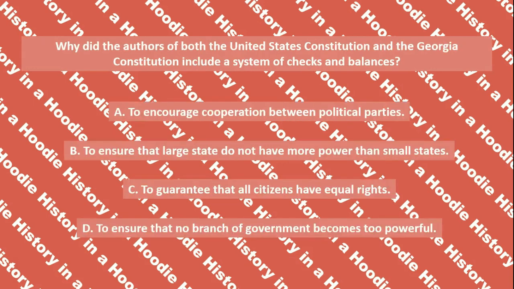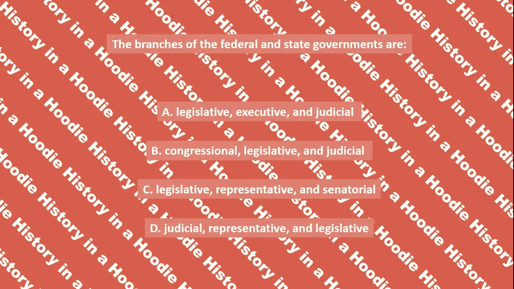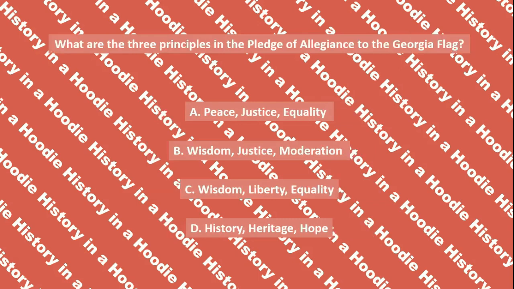Why did the authors of both the United States Constitution and the Georgia Constitution include a system of checks and balances? The branches of the federal and state governments are... What are the three principles in the Pledge of Allegiance to the Georgia flag?